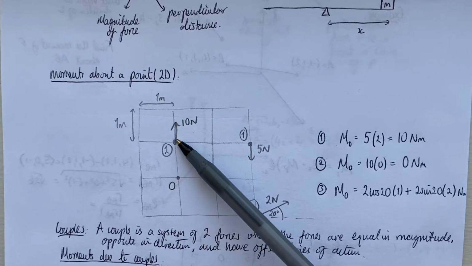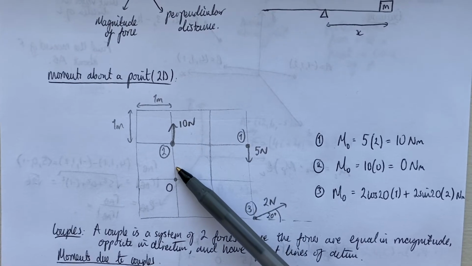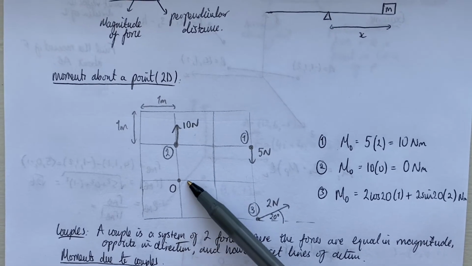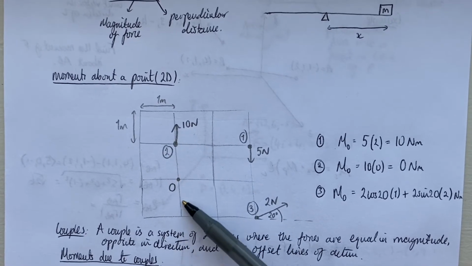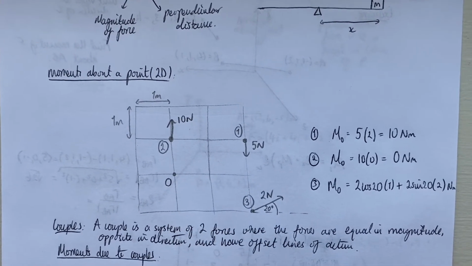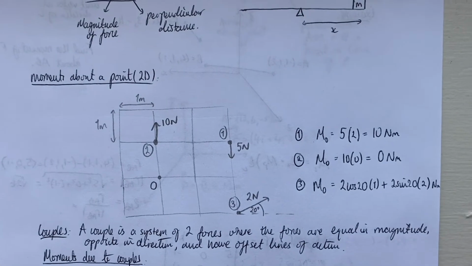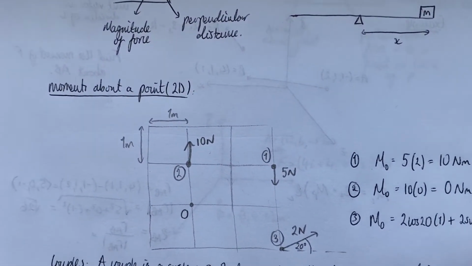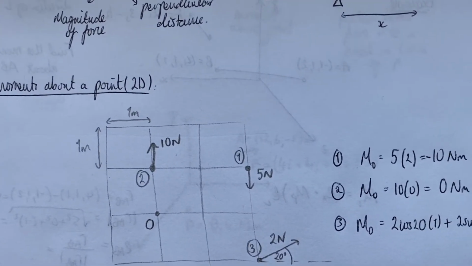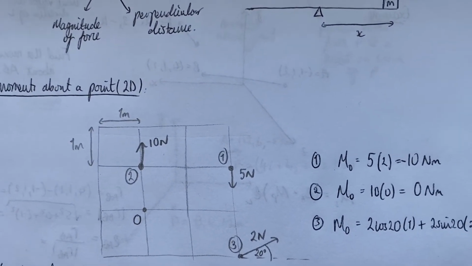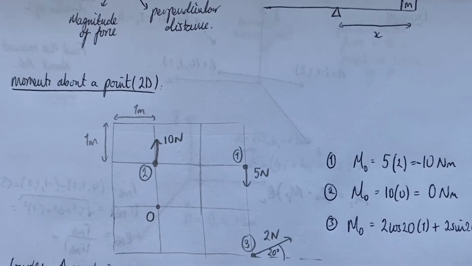This force vector here, its line of action goes through the point O. So the perpendicular distance is 0. Oh, and by the way, one thing I've forgotten here, that should be negative, because we have a clockwise moment about O.